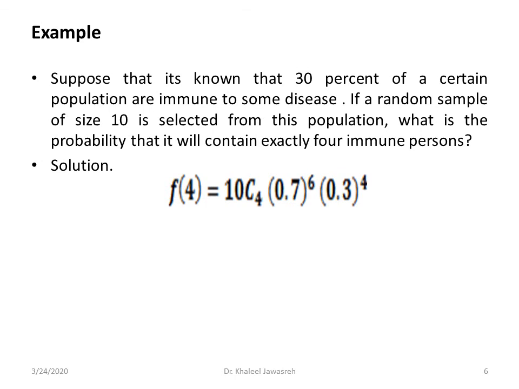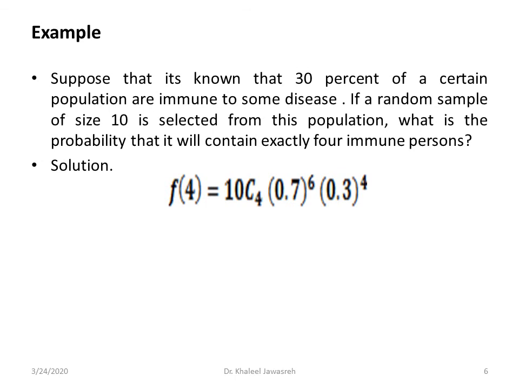And 6 here is the exponent, in 0.7 to the power of 6. Where can we get the 6 from? It is 10 minus 4: 10 selected samples minus the 4 immune persons we want exactly.